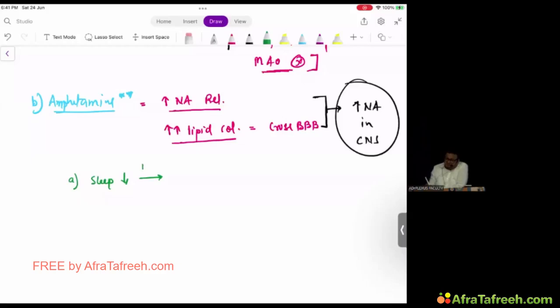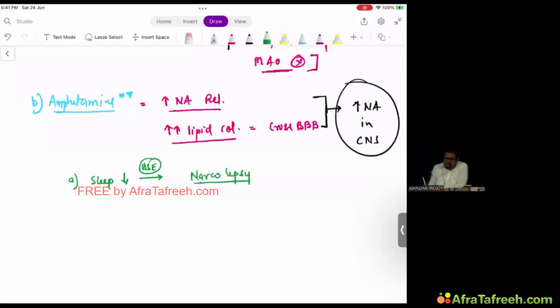In which disease? In disease that we call narcolepsy. Narcolepsy has excessive daytime sedation. So first use of amphetamines is in treatment of narcolepsy. Na increases, sedation goes away, sleep goes away, you can treat narcolepsy.